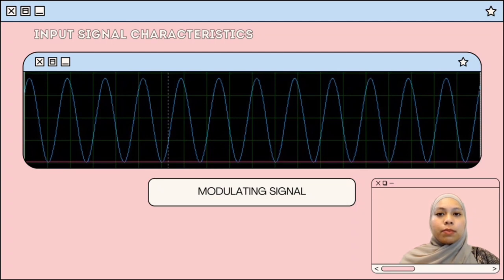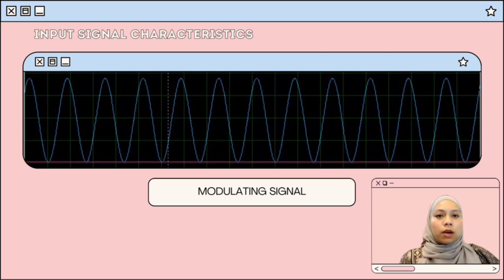Okay, for input signal characteristics, first is the modulating signal. Modulation is the process of mixing a low energy message signal with a higher energy carrier signal to produce a new high energy signal which carries information to a long distance.